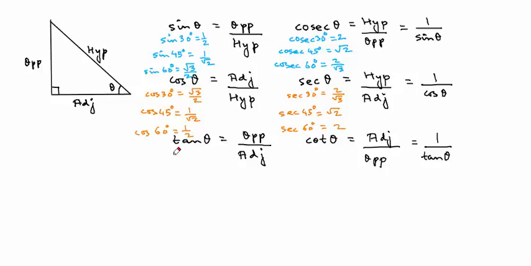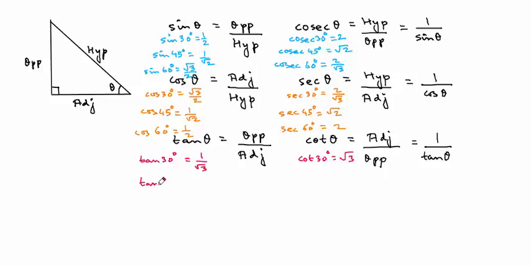And finally for the tangents, we know tan 30 degrees is equal to 1 over square root of 3. Therefore cotangent 30 degrees is going to be square root of 3 over 1, which is square root of 3.